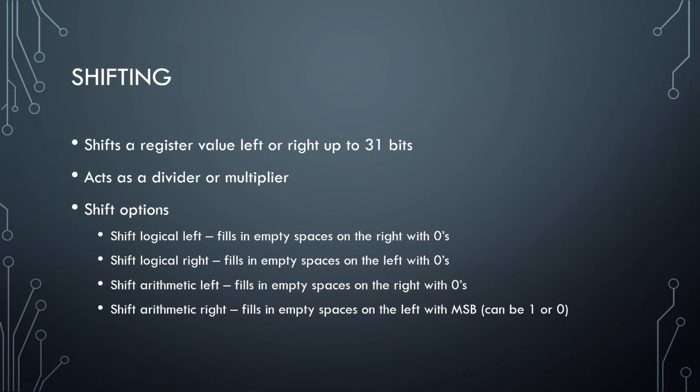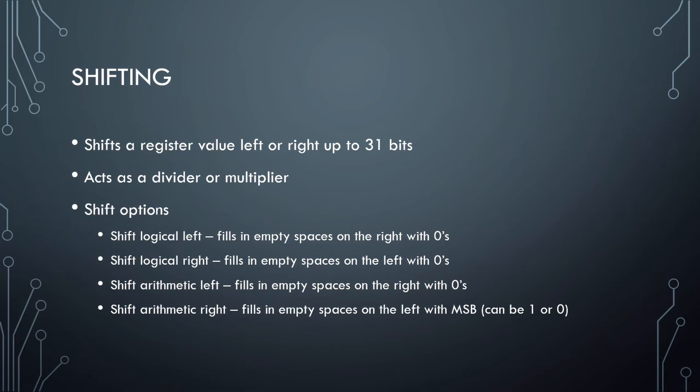So we would be multiplying that number. Similarly, if we shifted the number 1 to the right and added a decimal in front of it, then that would be 0.1, or we would be dividing that number. So shifting can be a divider or a multiplier, and we have 4 different shifting options.